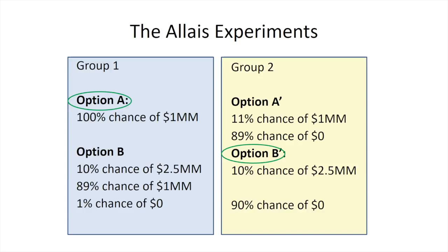In fact, at that level of risk, in option B they were going to get 2.5 million as compared with 1 million. On the surface, this looks like a very rational choice to make, except that Maurice Allais had set up these experiments such that the two choice sets in the blue box and the yellow box were actually identical.